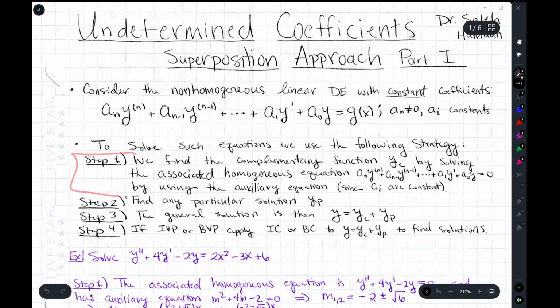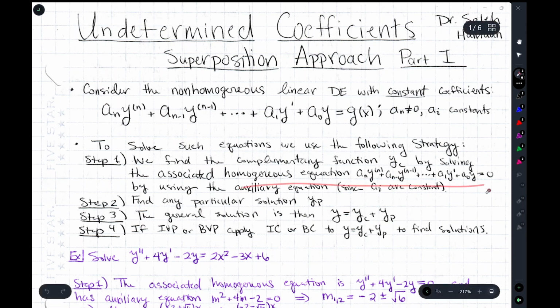And at first it might seem odd that we're considering the associated homogeneous equation, but remember that the general solution to a non-homogeneous equation is composed of the complementary function, which includes the solutions to the homogeneous equation, and one particular solution. And any particular solutions differ by solutions to the associated homogeneous equation. We learned that as we were learning the theory for linear equations.